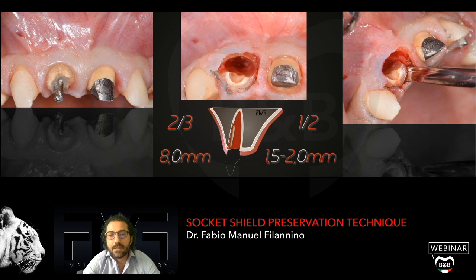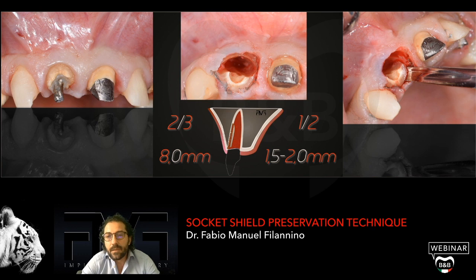Two thirds is the length of the root that has to be measured when we cut the crown horizontally for the first time. 8 millimeters is a value that Baumer, Otto, and Ulzerer, we will see in an article in a while, is the minimum length they suggest to keep for the length of the buccal shield of the socket.